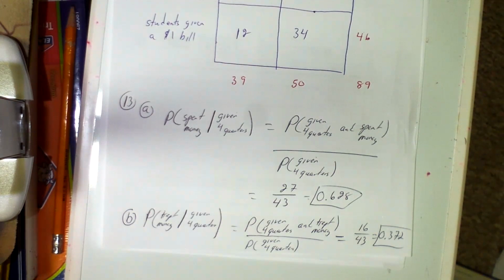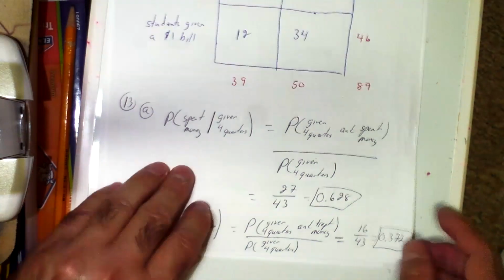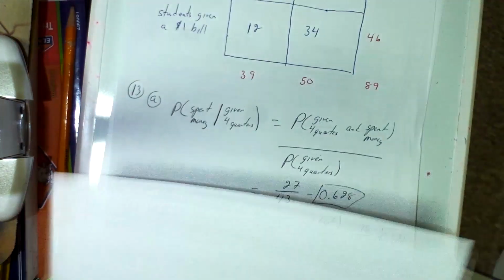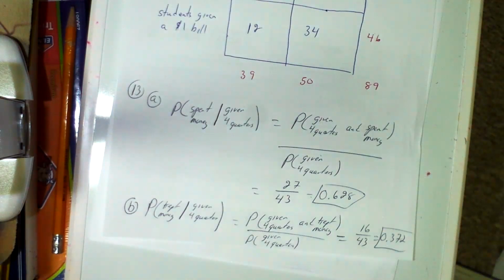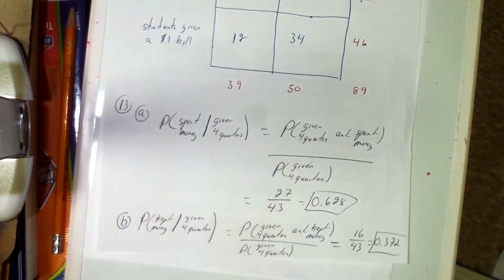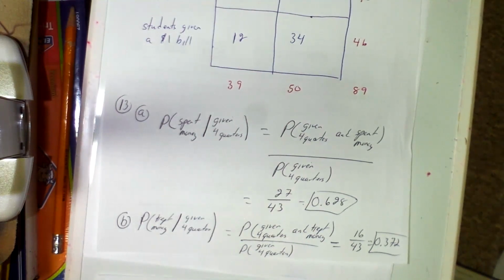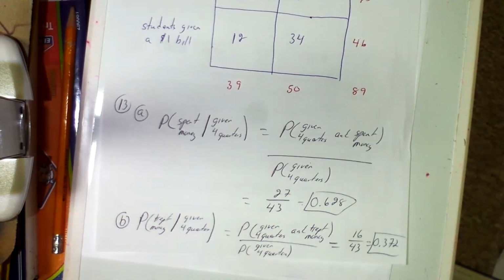Right, so now we can try number 15 using the same box or Punnett square. We're going to do number 15. We'll do part A and B. We don't have to do C. We can skip C. All right, so let's look at number 15.